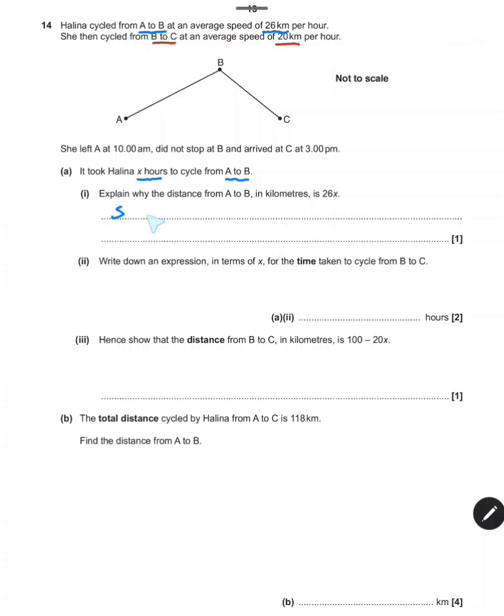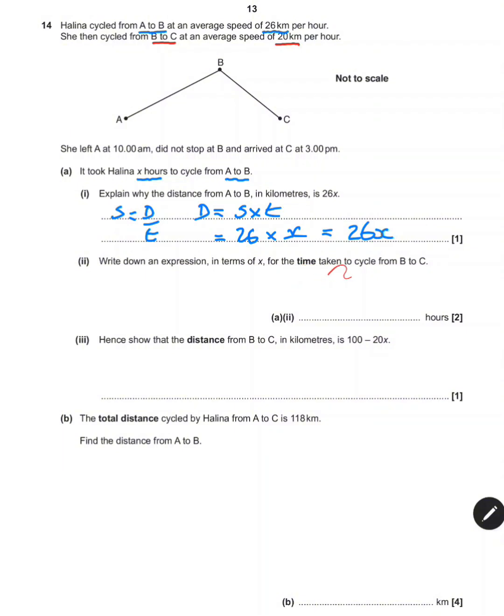Well, if we know our speed, distance and time formulas, speed equals distance divided by time. This is talking about distance, and distance equals speed times time, which is 26 multiplied by x, which equals 26x.